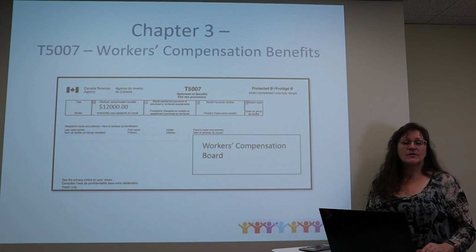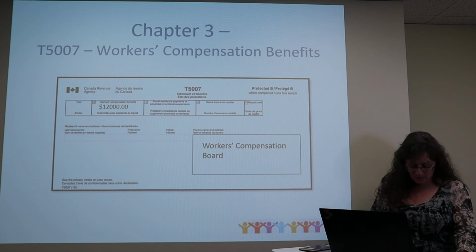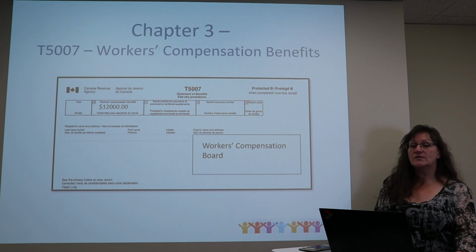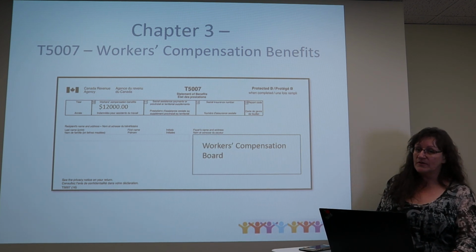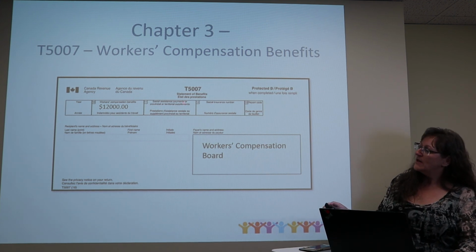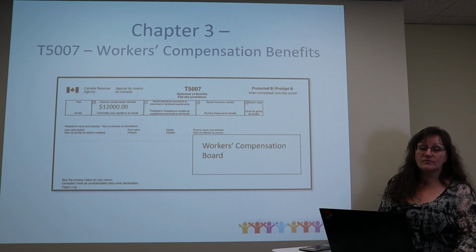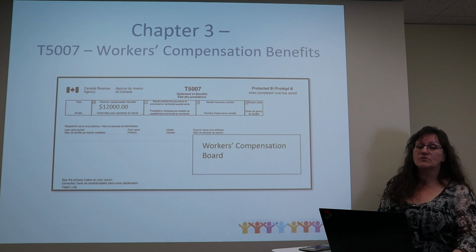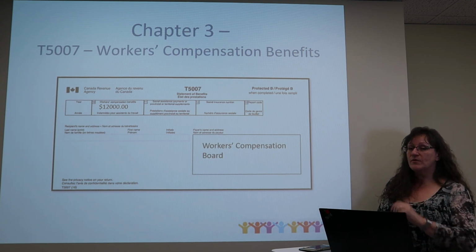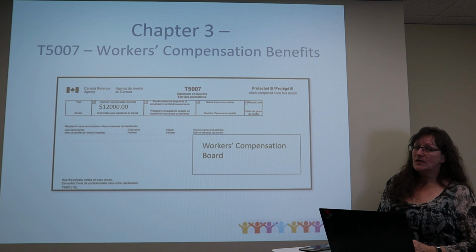The other kind of income that is shown on a T5007 that we'll see regularly here in Manitoba is the Manitoba Workers' Compensation benefits. But you'll see that that is actually in a different box. So that's in box 10, it's not in box 11. When we have an entry in box 10 here, we don't need to worry about the box 14 UFile entry because it's only applicable to when we've also entered something from box 11.